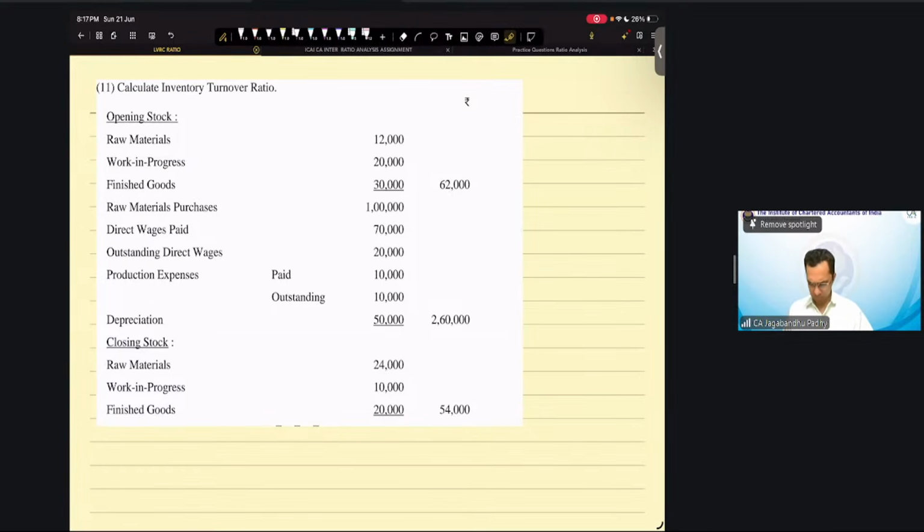So inventory turnover ratio, we know it is COGS upon average inventory.